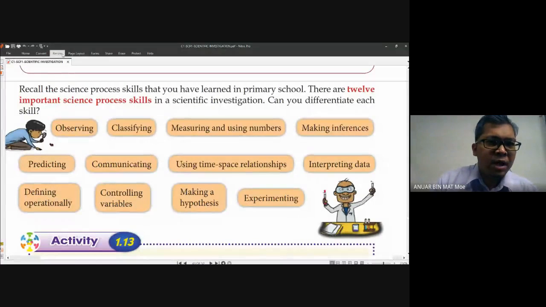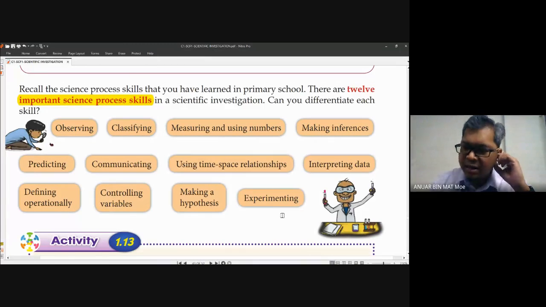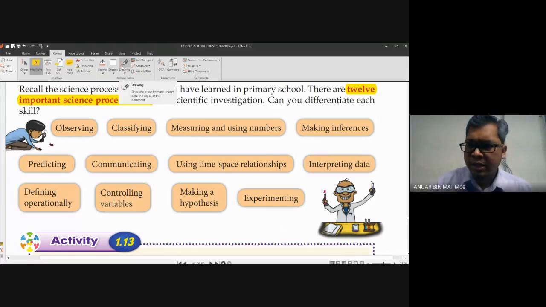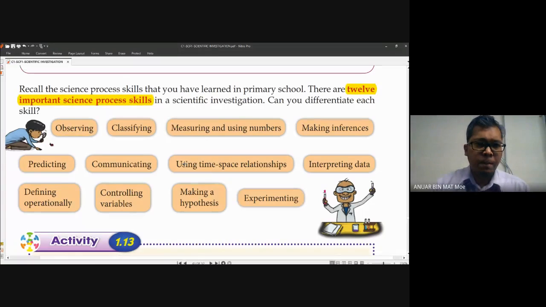This is what we call science process skills. I think you already learned this in your primary school, so I will skip this. There are 12 important science process skills.